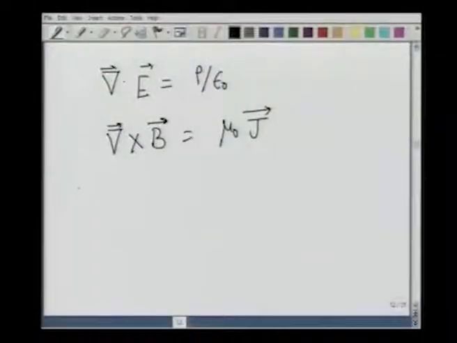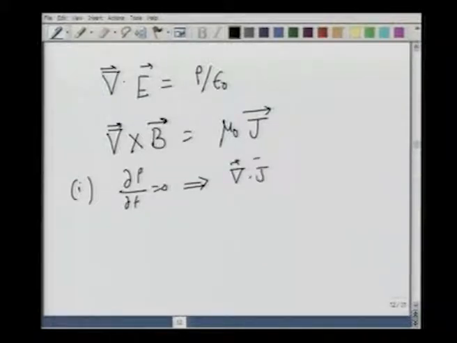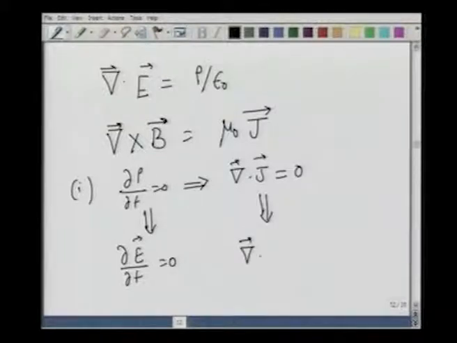Now, suppose my ∂ρ/∂t were equal to 0, case 1. This implies divergence of J equal to 0, and that is consistent, because this implies ∂E/∂t equal to 0, and this implies divergence of curl B identically equal to 0.